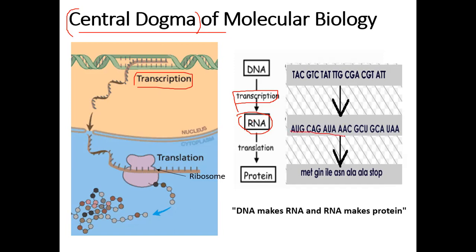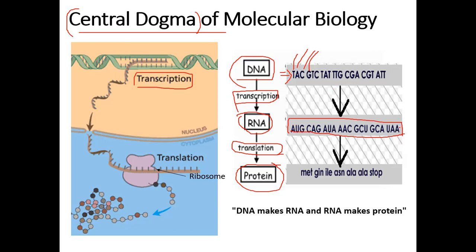Then translation happens and proteins are created. So what is DNA actually? It is a set of nucleic acids, 4 nucleic acids, T, A, C, G, arranged together in different lengths. This is only a part of the DNA, and that part is converted or copied.